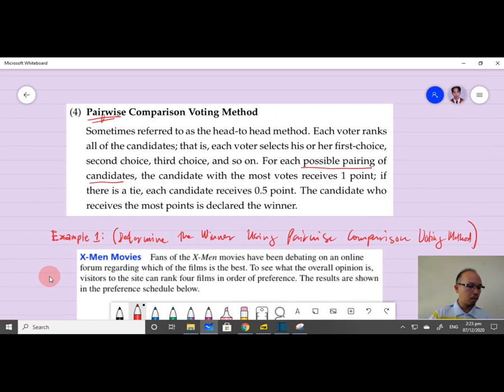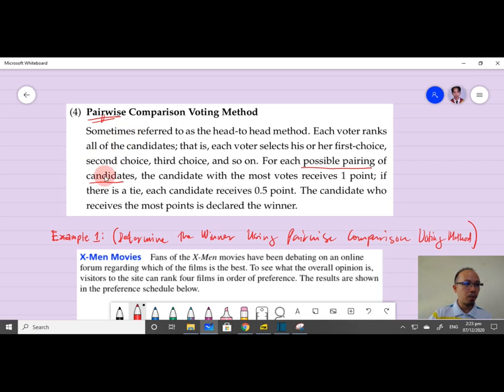And before I answer this one, this method is also part of the fairness in voting. This is what we call the Condorcet criterion.